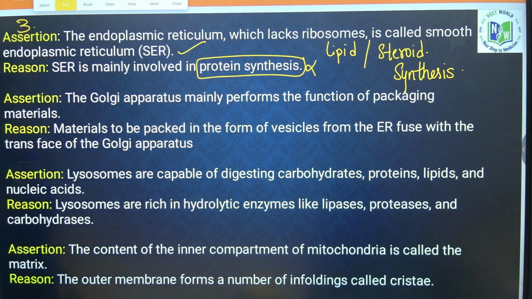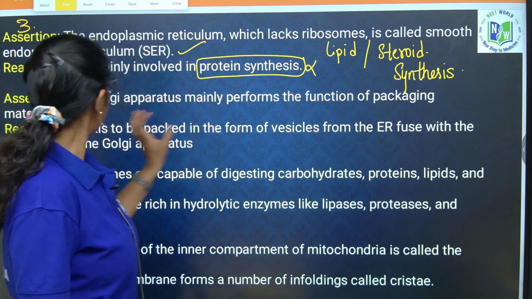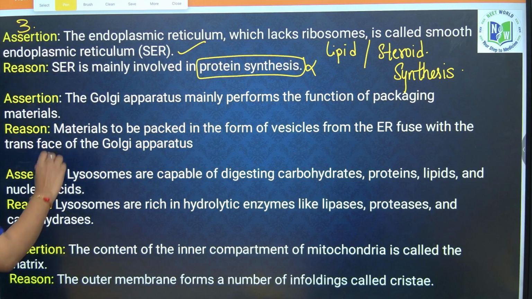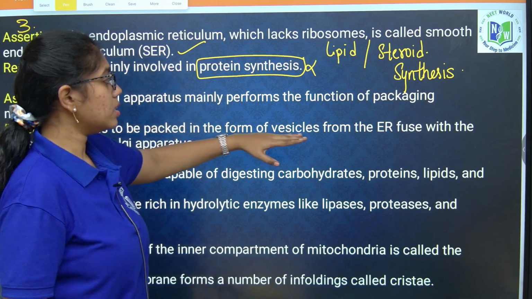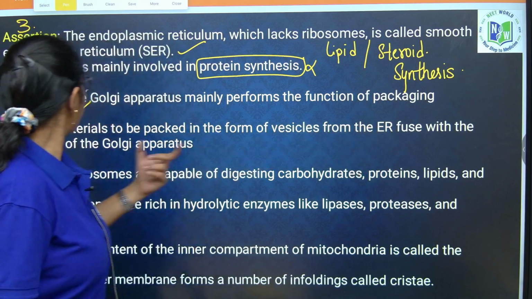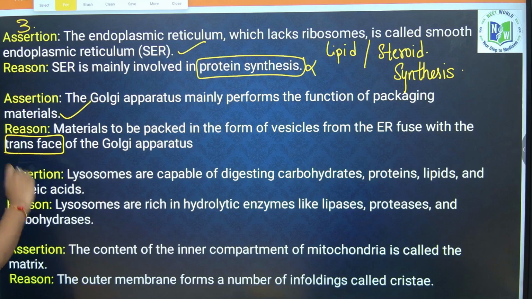Next, assertion: the Golgi apparatus mainly performs the function of packaging materials. Correct. Reason: materials to be packed in the form of vesicles from the ER fuse with the trans face of Golgi. Wrong. They will fuse with what face?